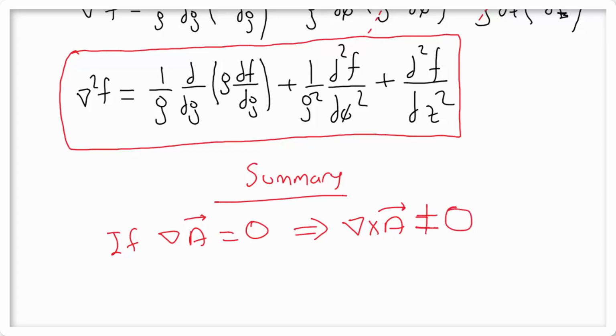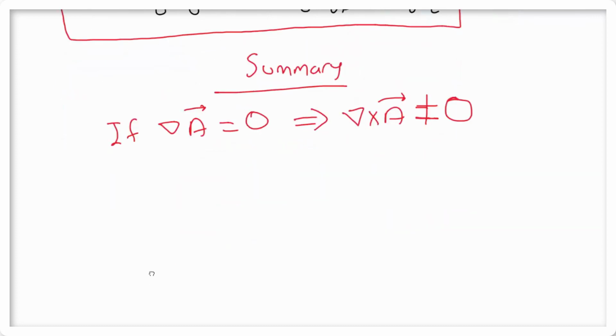Or let's say that if this is 0, then this time divergence A is not 0.